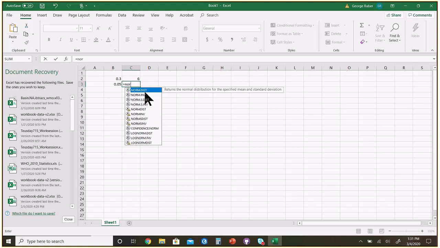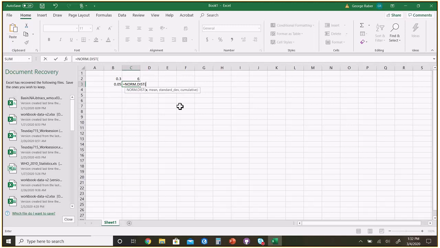We would say NORM.S.DIST. It returns the normal distribution, or the inverse. I always forget which one's which, but we want the standard normal. The mean is 0. The x is this value. And then 0, 1, and we want it cumulative, true.